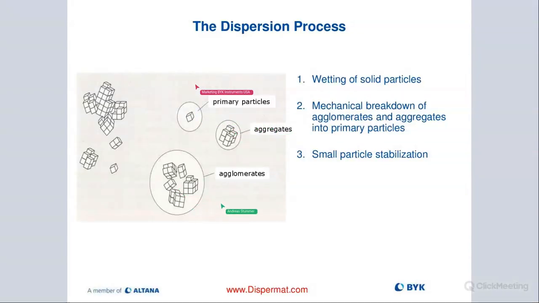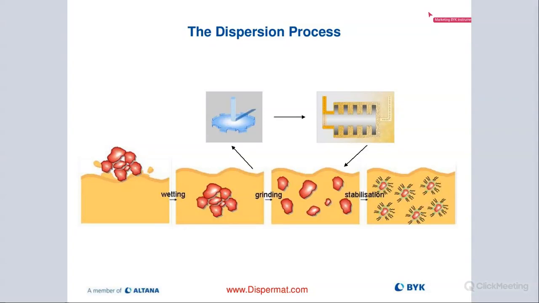But what we talk about today is actually going from the agglomerates down to the aggregates, which will be done via the Cowles blade. So the idea is here wetting of our solid particles, the mechanical breakdown of the agglomerates and aggregates into the primary particle size, and then the small particle stabilization via the additive package.